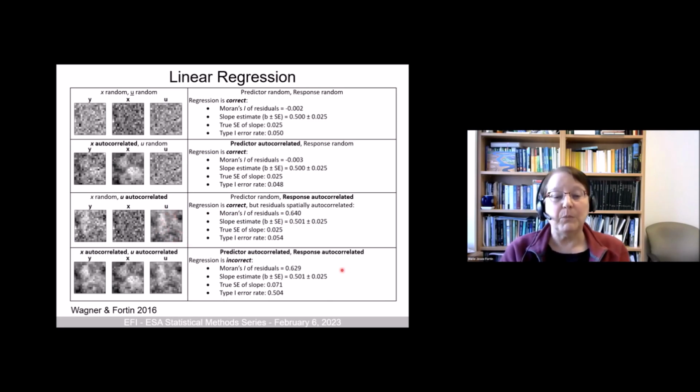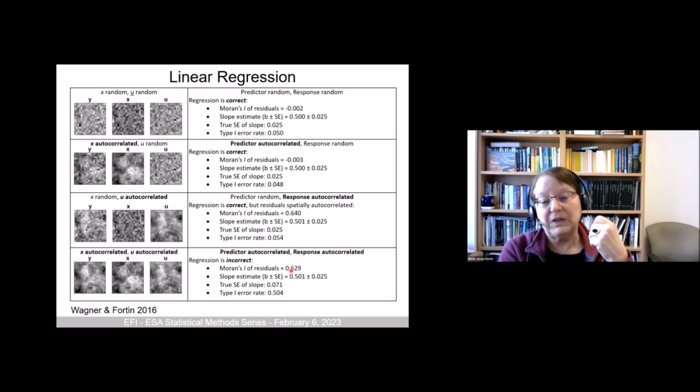And of course, both could have some autocorrelation. So you could have your predictor and the errors that have spatial autocorrelation. So now your regression is not correct. Your residuals have very strong autocorrelation. I will present that a little bit later, but autocorrelation, when we use Moran's I, usually varies between -1 and +1.